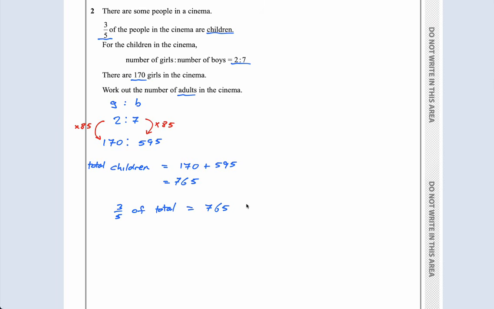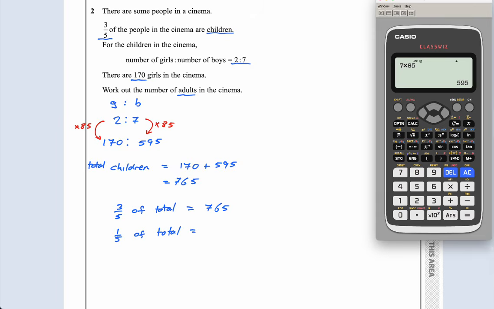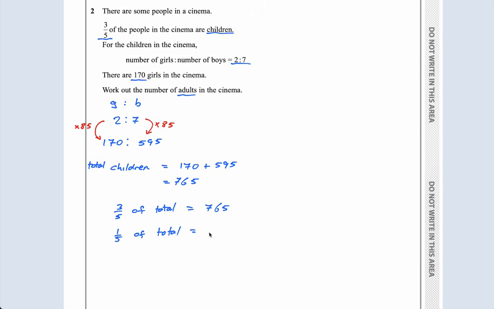I'm going to say 3/5 of the total is 765, which means 1/5 of the total equals, so if this is 3/5, 1/5 will be that divided by 3. So 765 divided by 3 is 255. If that's 3/5, then 1/5 is that divided by 3.